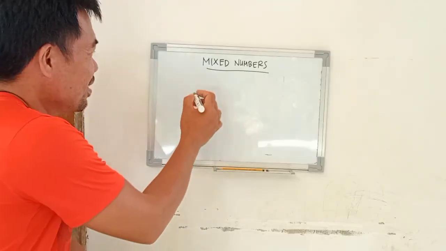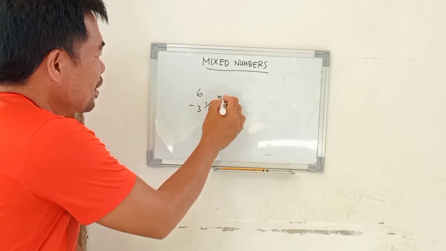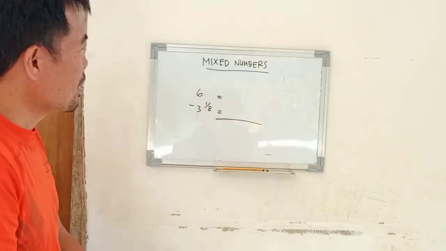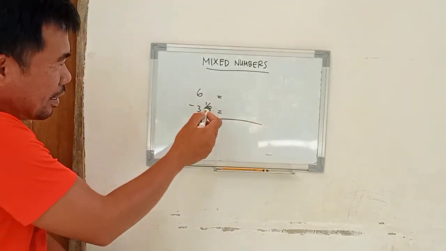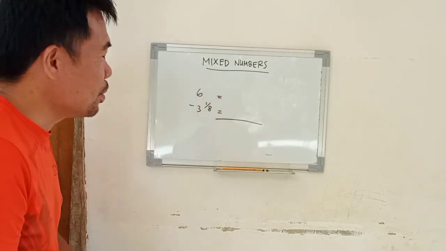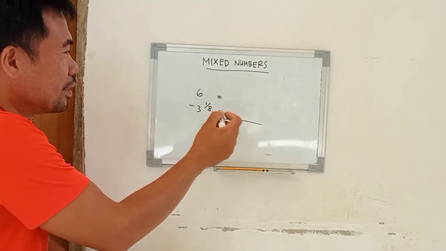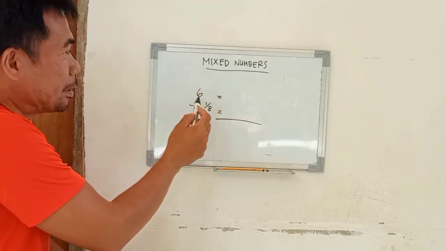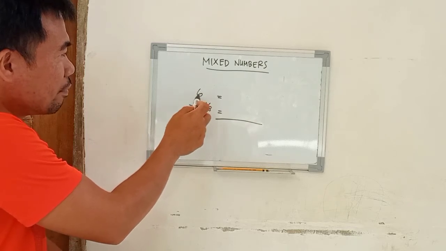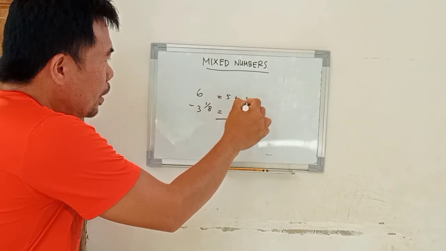Okay, another example is 6 minus 3 and 1/8. As you can see, one number has a fraction and the other one has no fraction. So we need to put a fraction here by subtracting 1 from here. So this 6 will become 5 and 1.